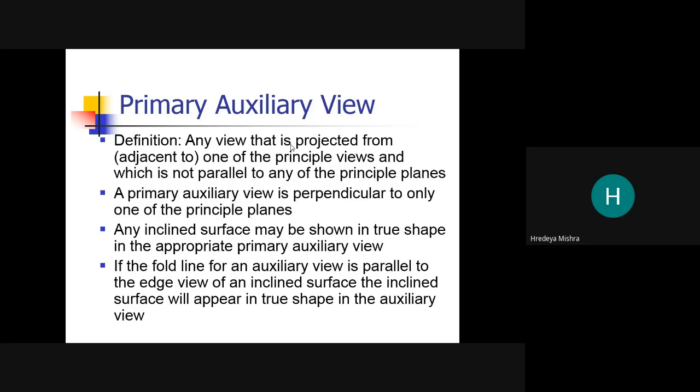A primary auxiliary view is perpendicular to only one of the principal planes. Okay, so the second point means the primary auxiliary plane is not parallel to any of the principal planes, but the primary auxiliary plane is perpendicular to only one of the principal planes. Which plane?